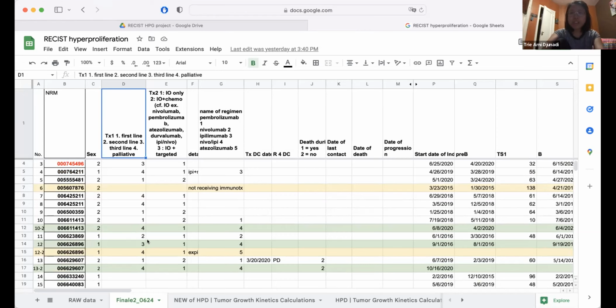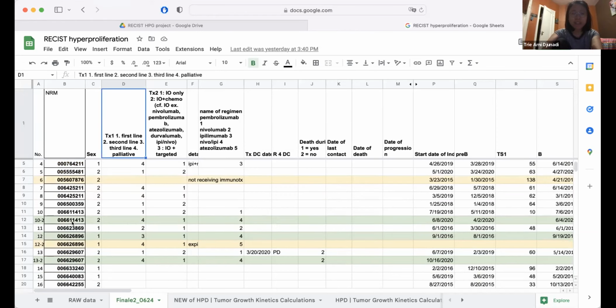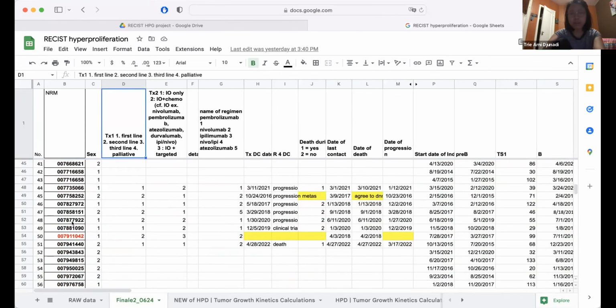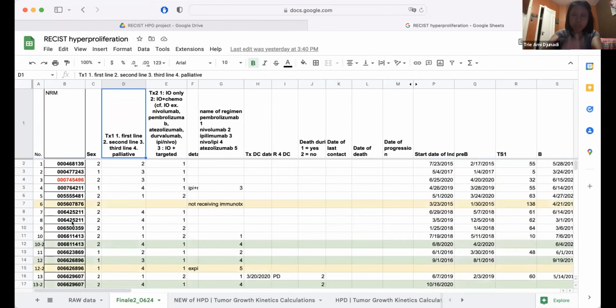Also, some patients received immunotherapy twice, first line and second line, or second line and third line. So we will count the RECIST again for the patients who had double immunotherapy. We are still working on filling out this table.